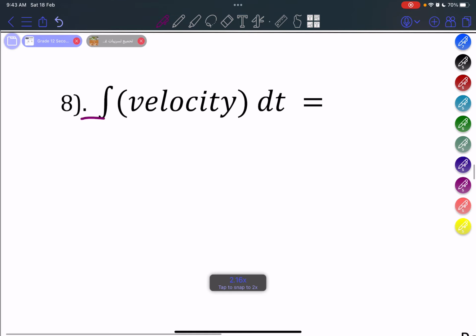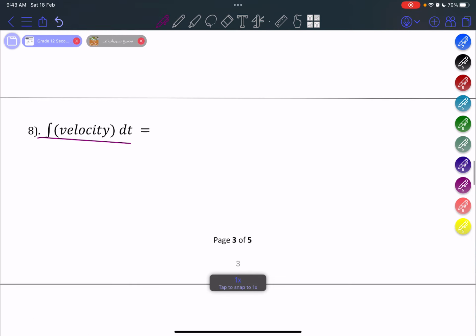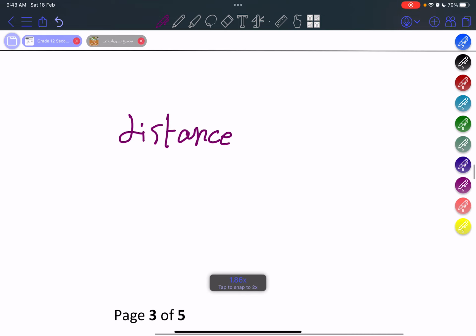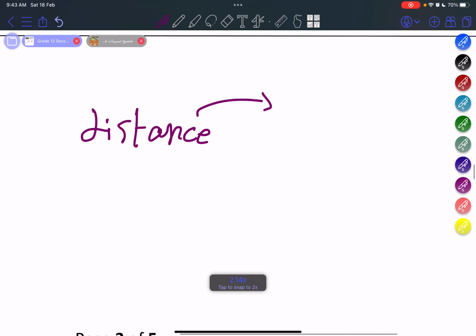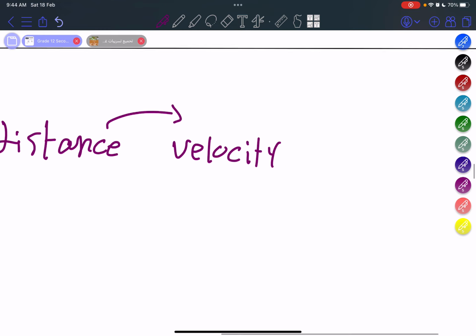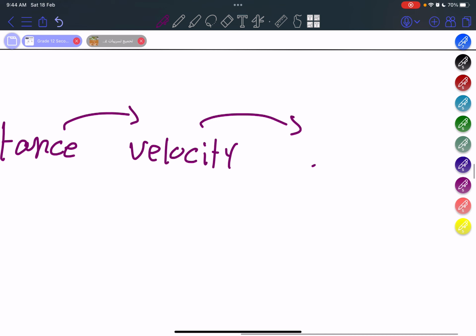Moving on here, so the integral of velocity, we know that if you get the derivative of distance, it becomes velocity. And if we get the derivative of velocity, it becomes acceleration.